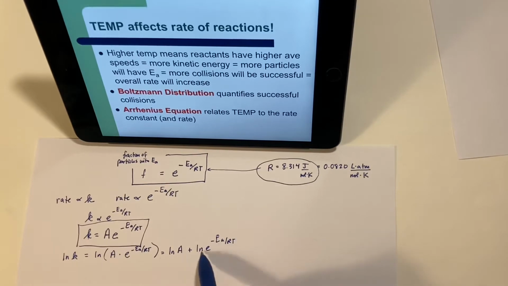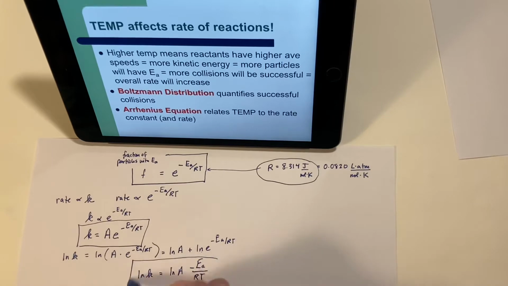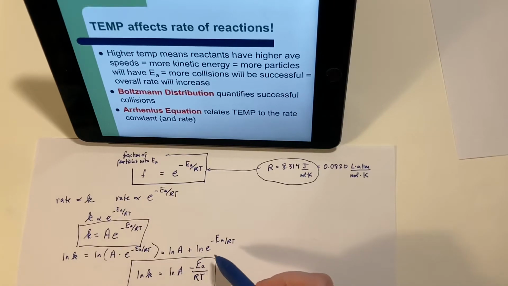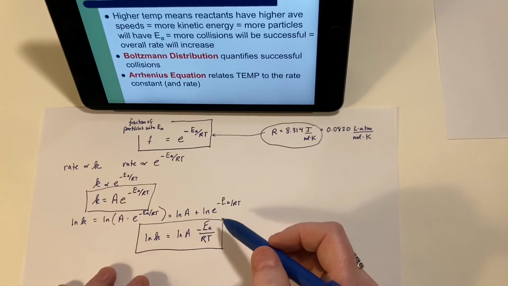Well, the natural log of e to the x just cancels the operations. So e to the stuff, take the natural log of the result, it just cancels. We're left with negative Ea over RT added to the natural log of A, equal to the natural log of k. That's the form of the Arrhenius equation that we usually see.